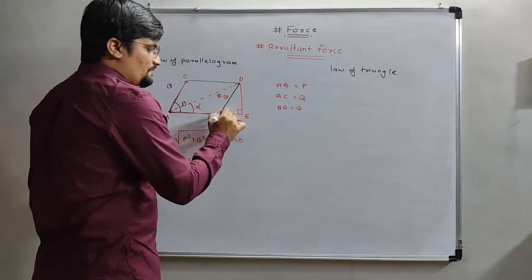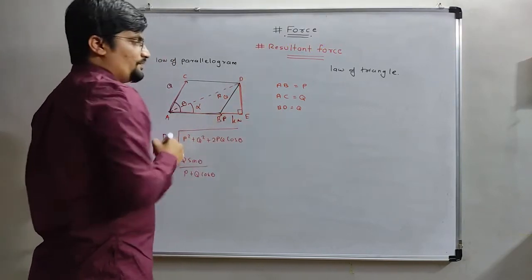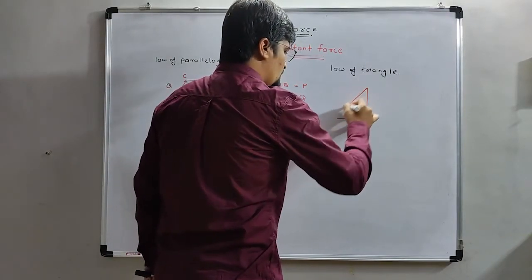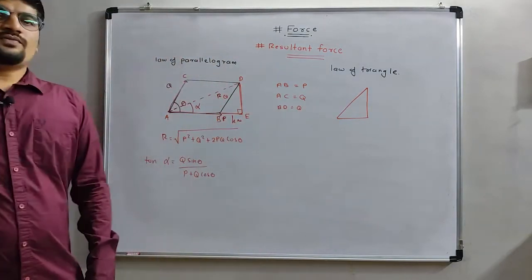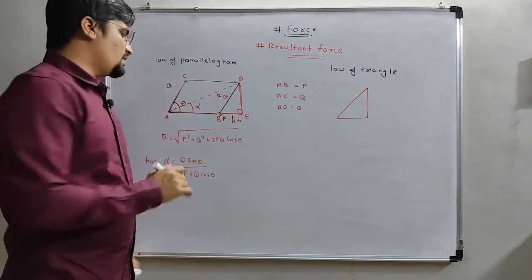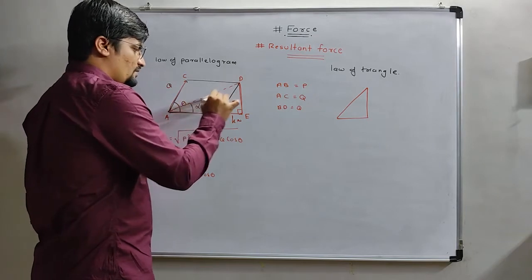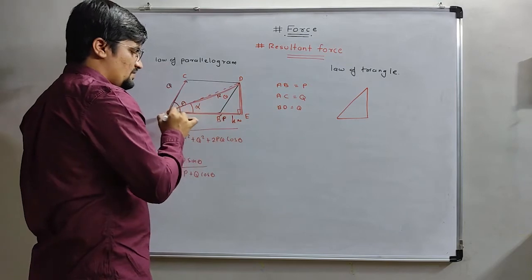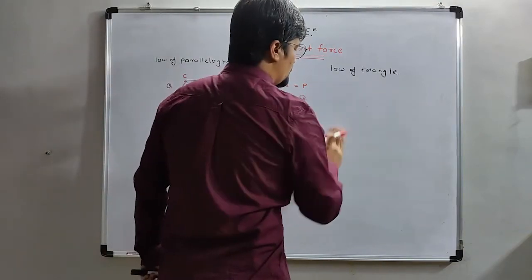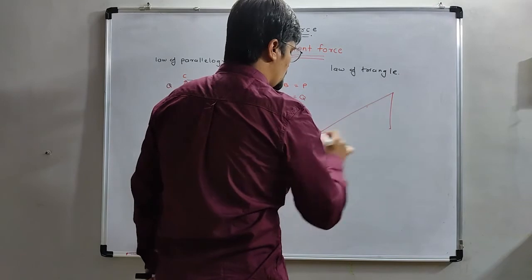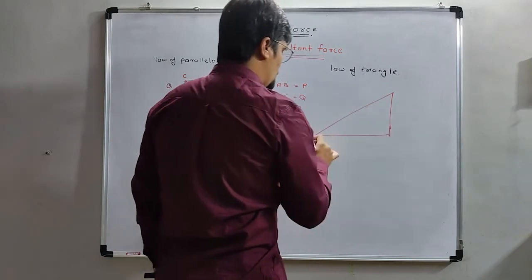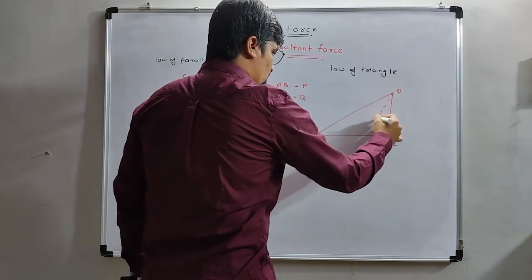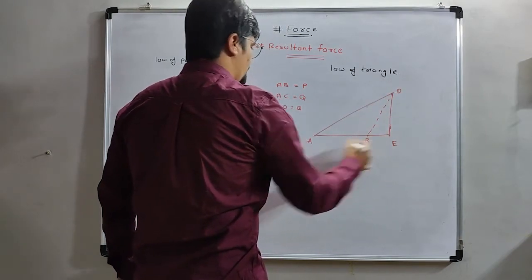So what will be the BE and ED value? Let's draw this portion. We need to find the resultant. So we will consider the triangle A, E and D. Somewhere here the B point is there.